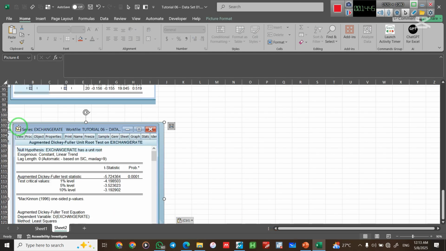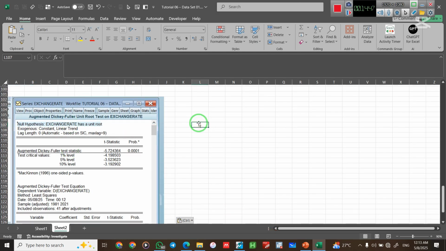I will paste my screenshot here. So what is your H naught? Your H naught is the variable is not stationary. That is what is meant by the exchange rate having a unit root. Then what is your H1 or alternative hypothesis? Your alternative hypothesis is the variable is stationary, right?